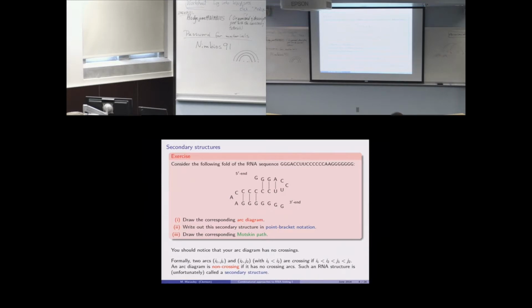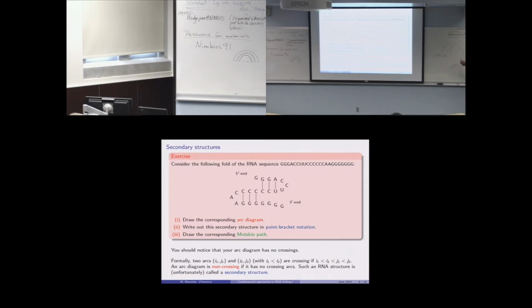So now I have one more. A non-crossing RNA structure is typically called, unfortunately, a secondary structure. The reason that is unfortunate is that the primary structure is just the raw sequence of bases.